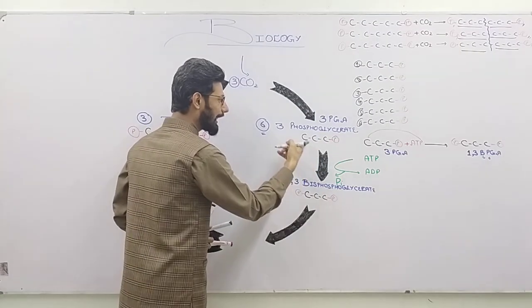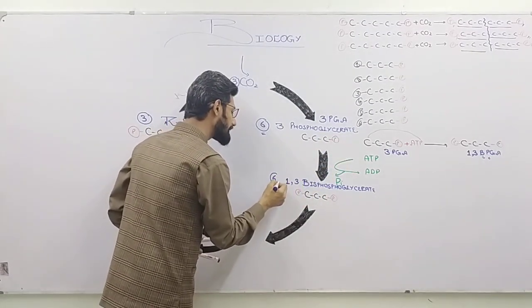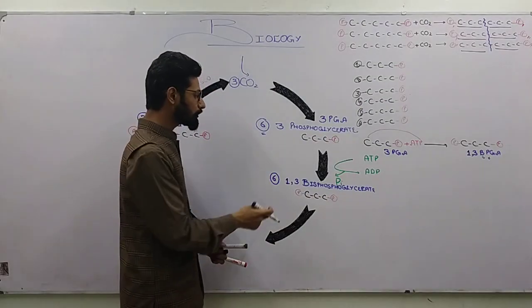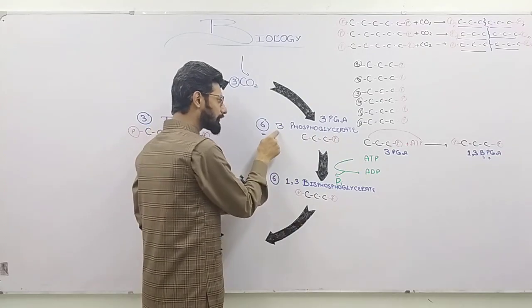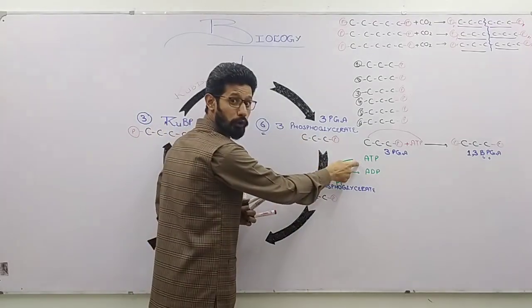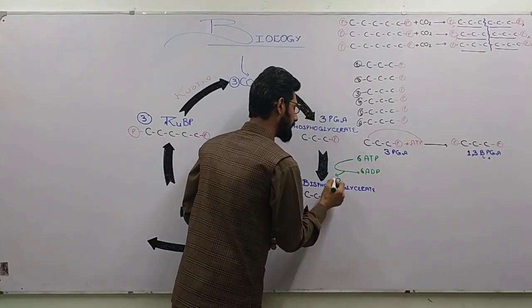So after phosphorylation, there would be 6 molecules of 1,3-bisphosphoglycerate, and the 3-phosphoglycerate is phosphorylated by 6 ATP.